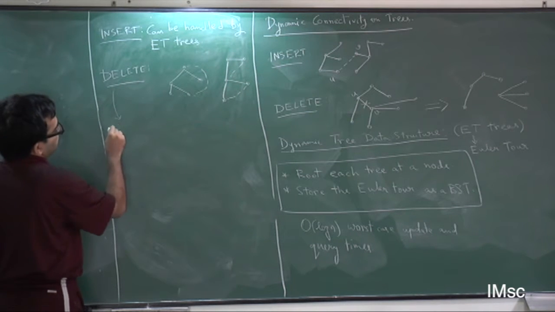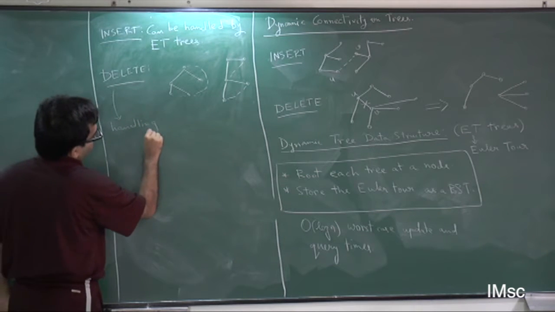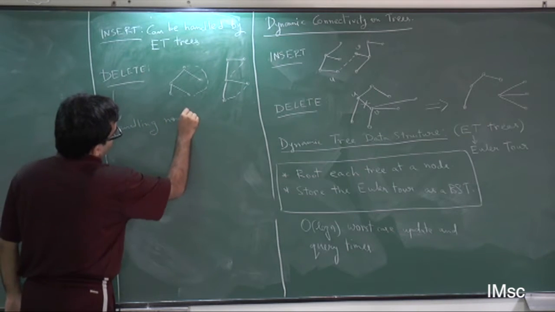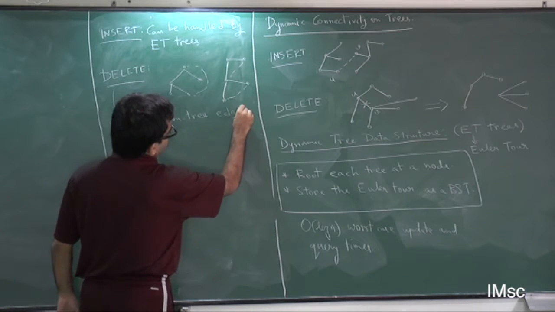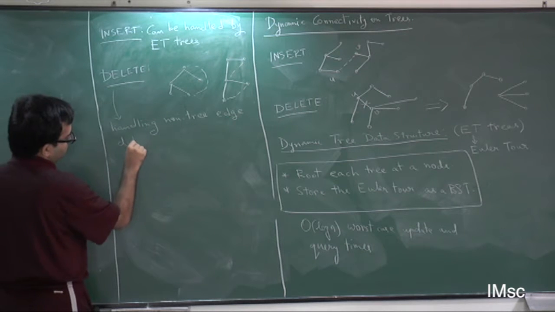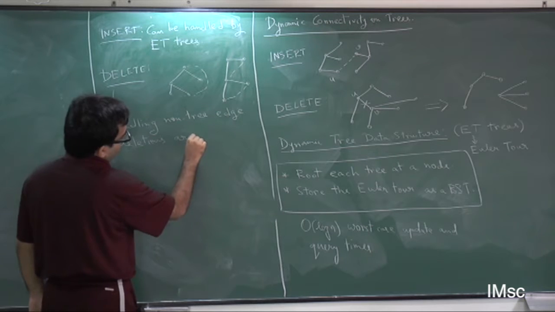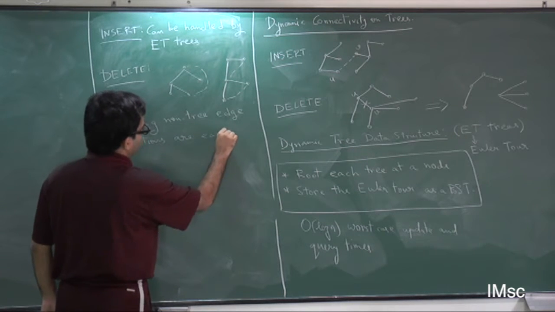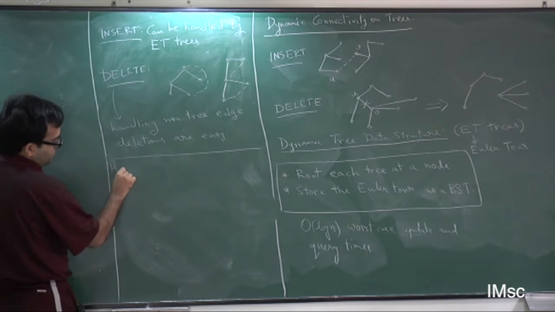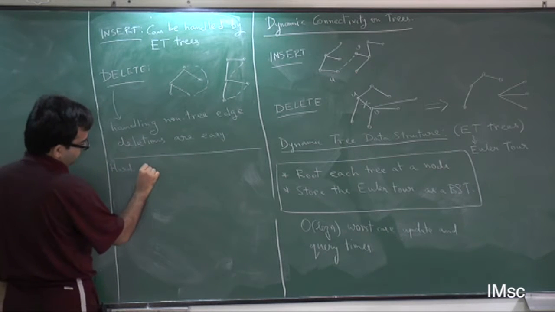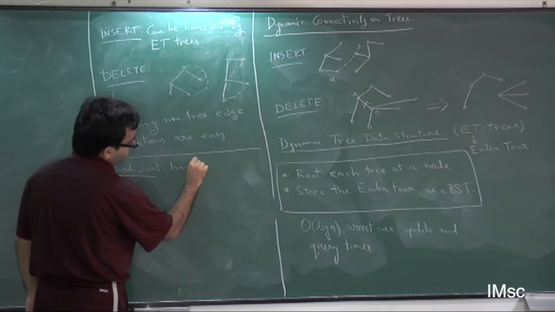So, handling non-tree edge deletions is easy, and the hard part is handling tree edge deletions.